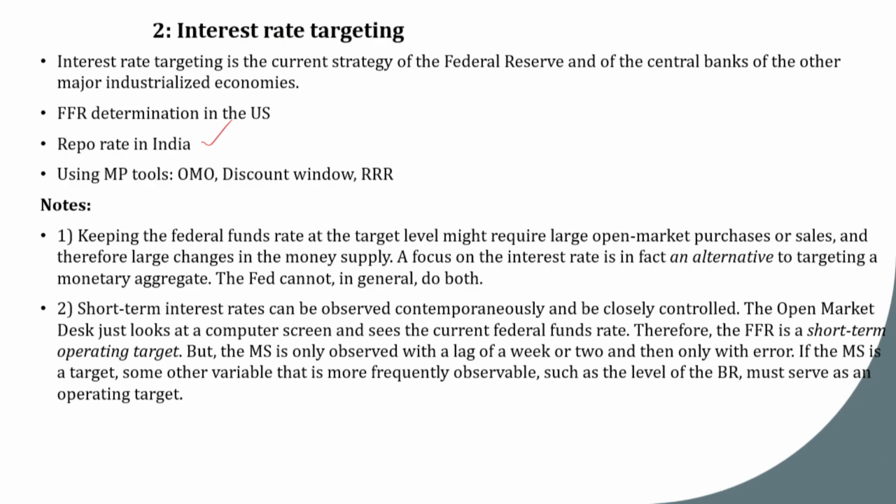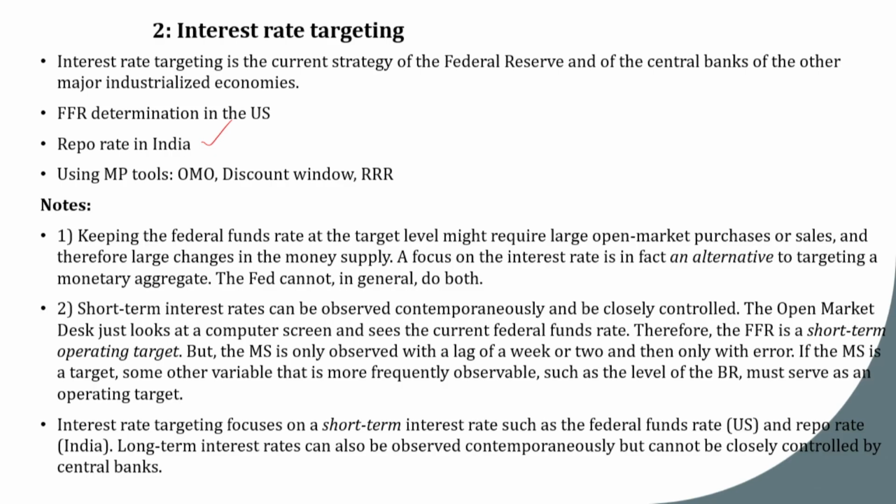So if the money supply is a target, some other variable that is more frequently observable, such as the level of the bank rate, must serve as an operating target. Interest rate targeting focuses on short-term interest rates such as the Fed funds rate and the repo rate: the Fed funds rate in the US and the repo rate in India. Long-term interest rates can also be observed contemporaneously but cannot be closely controlled by central banks.